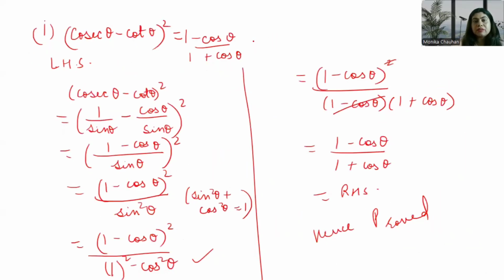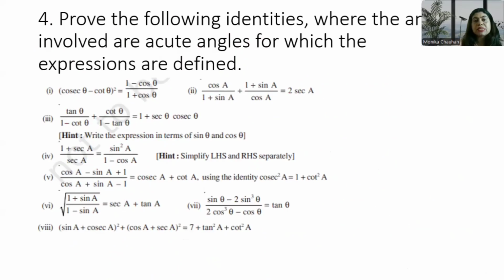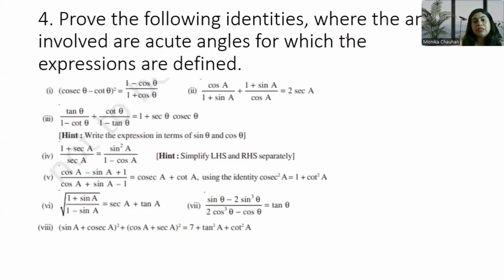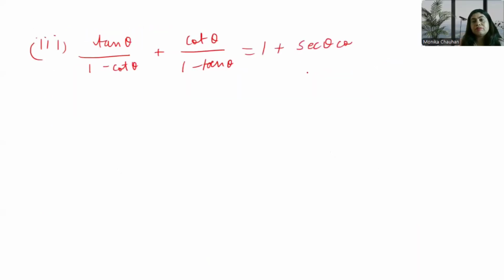It is tan theta upon 1 minus cot theta, plus cot theta upon 1 minus tan theta, is equal to 1 plus sec theta cosec theta. Yes, sec theta cosec theta.